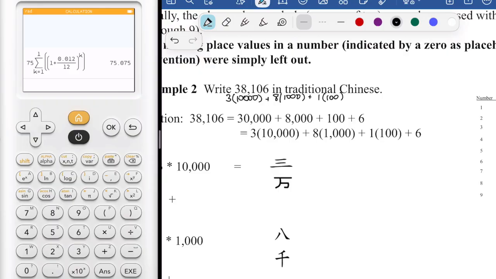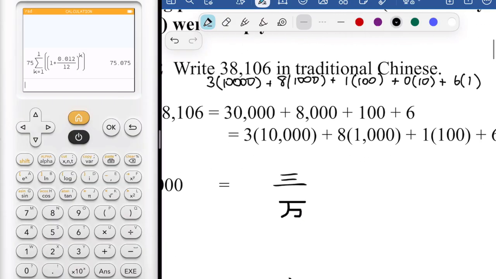And then it's like, well, where's my tens place? That's technically 0 times 10 plus 6 times 1.